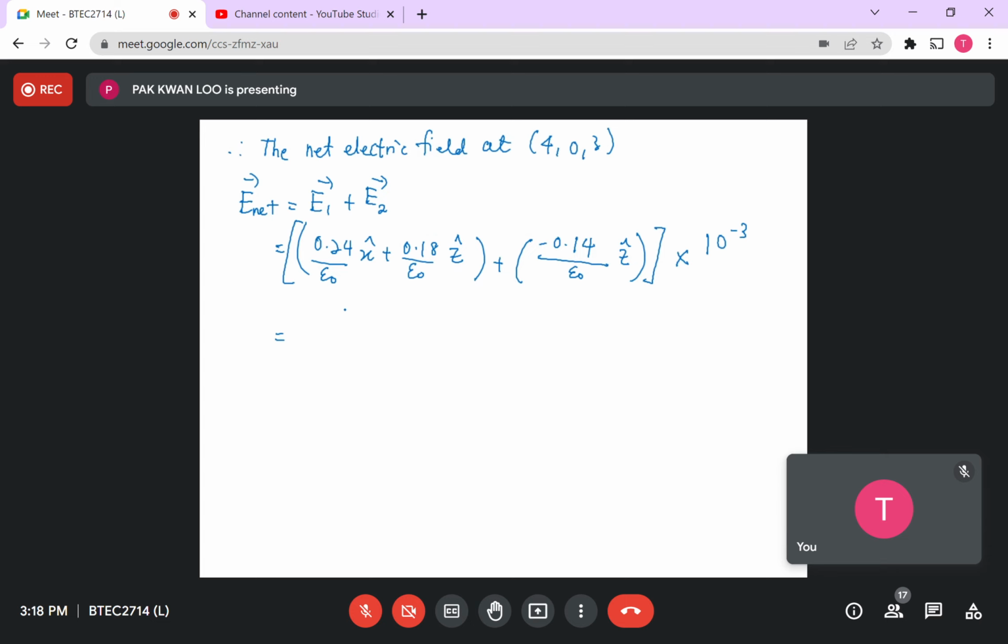Okay, so what we get now is 0.24 x cap over epsilon naught plus 0.04 over epsilon naught z cap, the whole thing times 10 to the power negative 3.